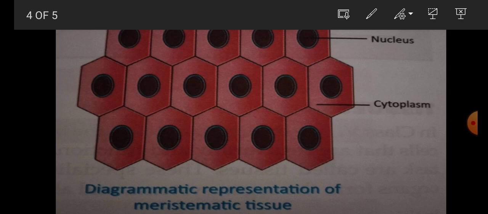The first one: they are made up of immature cells.